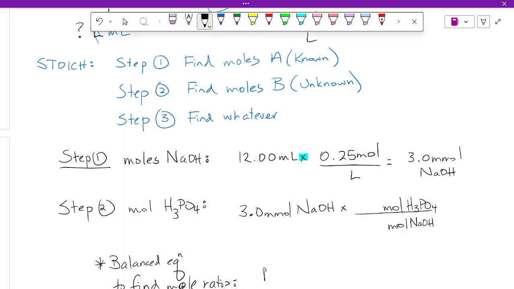Okay, so we have NaOH plus H3PO4. Could you please finish that and balance it?